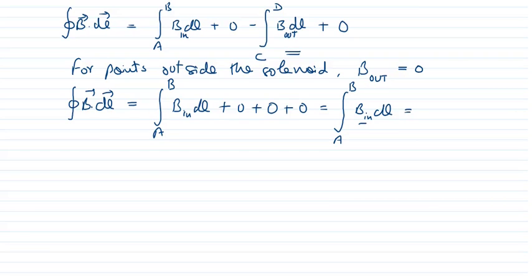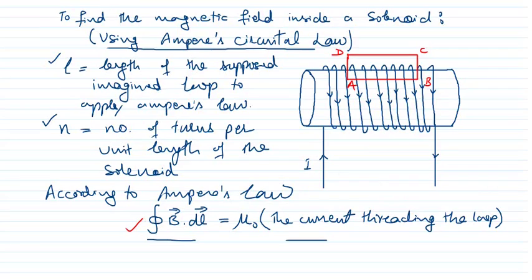Now B inside is constant, we will take it out. Now the line integral from A to B of dl, what will you get? You can see that initially I have considered this one, that is the length of the supposed imagined loop. This is the length which we have supposed.